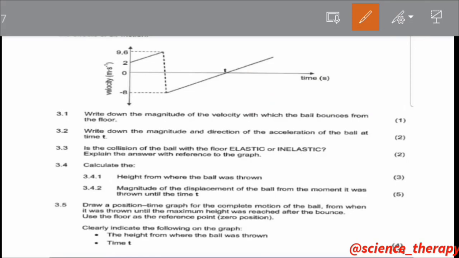So now we can come here and observe. Let's extract the data all the way to time t. If we take it from the moment the ball bounces off the ground, we can say our initial velocity is equal to negative 8 meters per second. And at this point t, remember t indicates the time it takes to reach the maximum height.